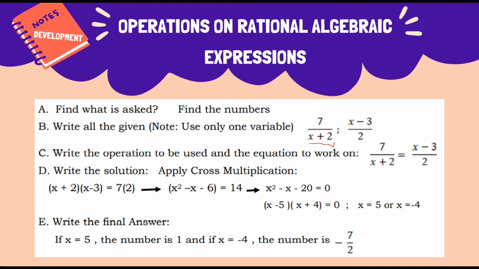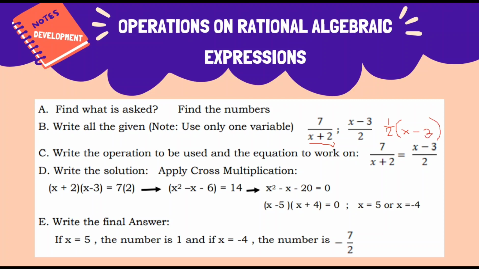So half. When we say half, we have 1/2. Diba? So we have 1/2 is equal to half the difference of the number and 3. Okay. Of the number. So we can have x and then minus 3. Okay.